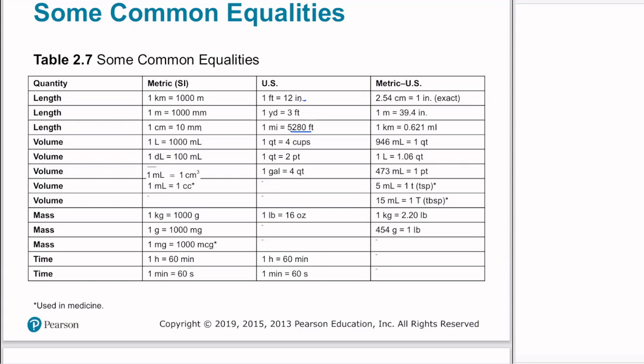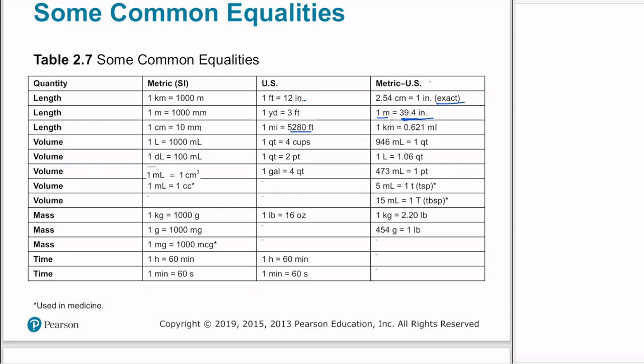But when we convert between metric and US units, we usually do have a limit to the number of significant figures, except we see that 2.54 centimeters is 1 inch. That's an exact number by definition and doesn't limit our significant figures. But 39.4 inches is 1 meter. The 39.4 has 3 significant figures.